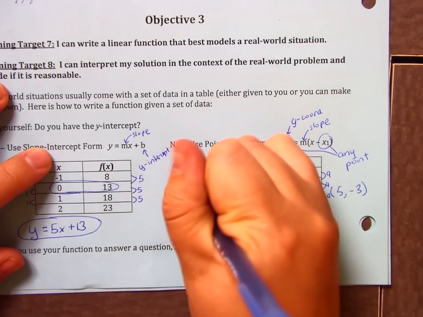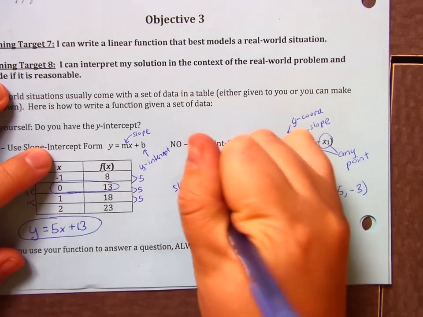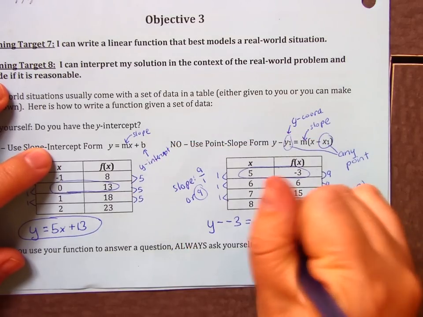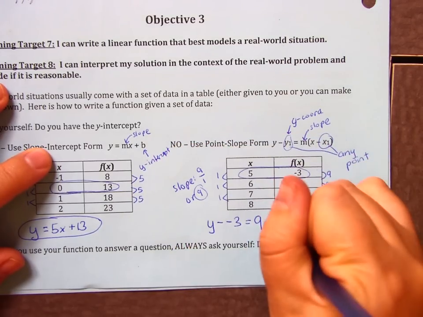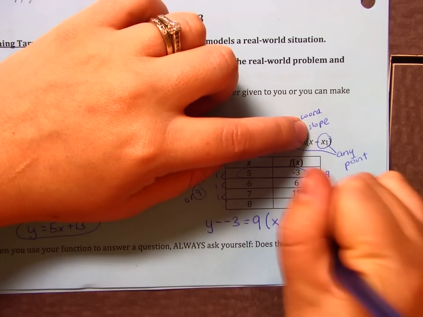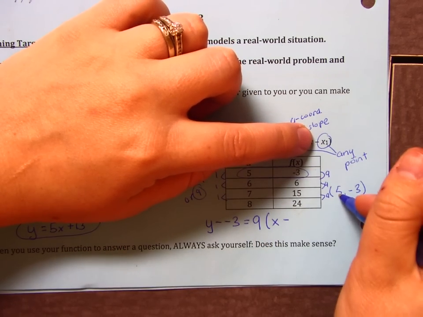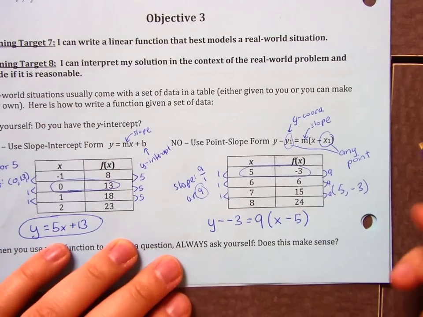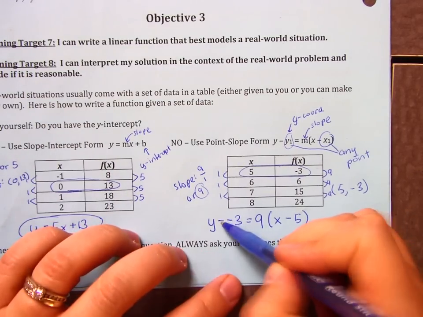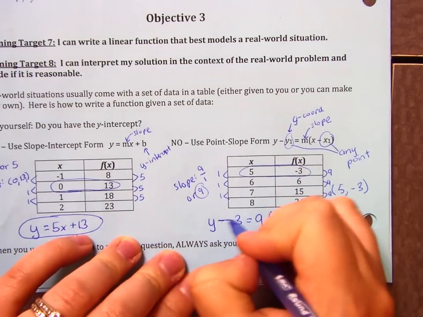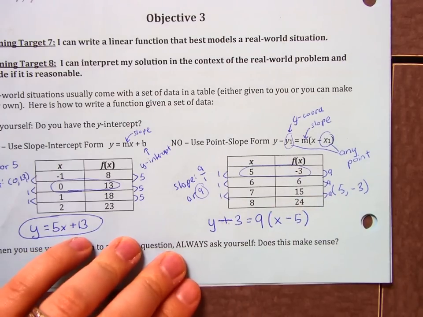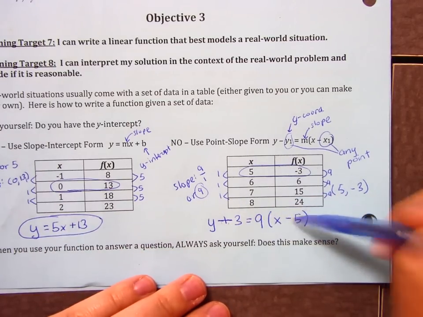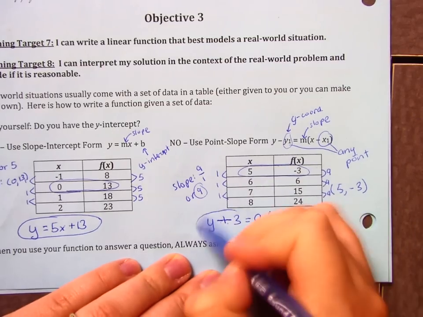So my slope is 9 over 1, or just 9. And then in parentheses, I have x minus my x-coordinate, which is 5. That's the one that I picked. The only thing I can change here then is instead of saying minus a negative, that's really like you're adding. So my equation would be y plus 3 equals 9 times x minus 5.